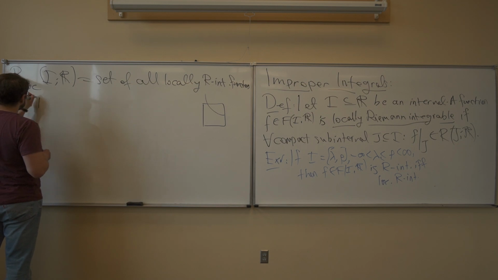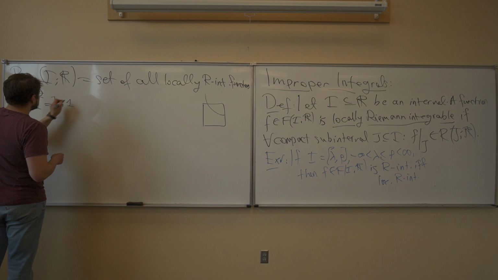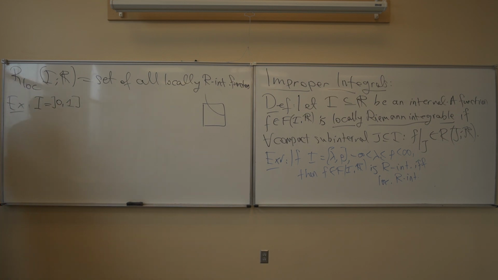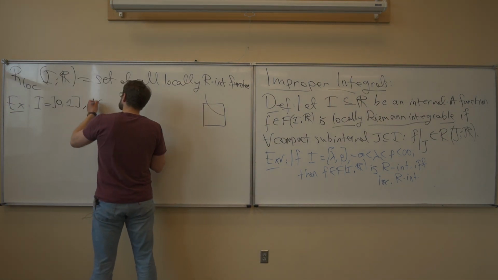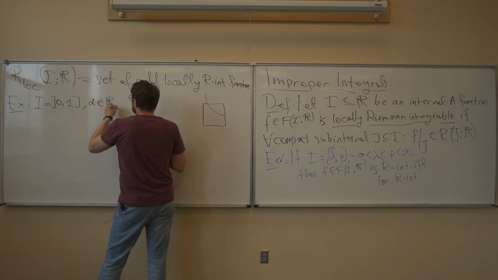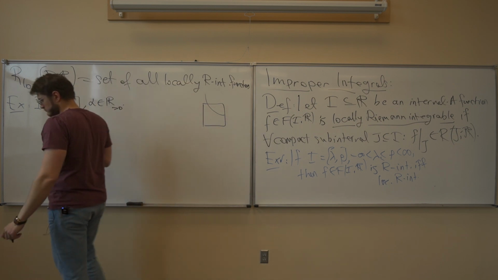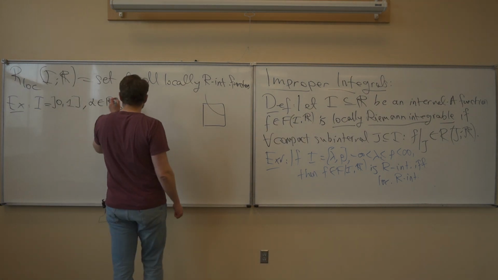Let's look at this. Zero is open, 1 is closed, so I don't have 0. And I'm going to have one parameter, let's call it alpha. Let's say it is positive. And let me let my function f be 1 over x to the alpha.